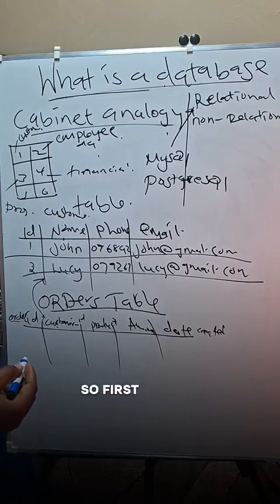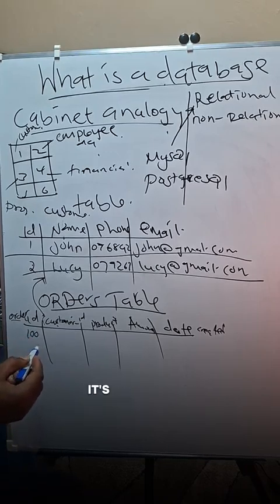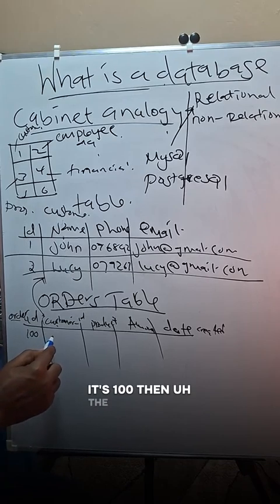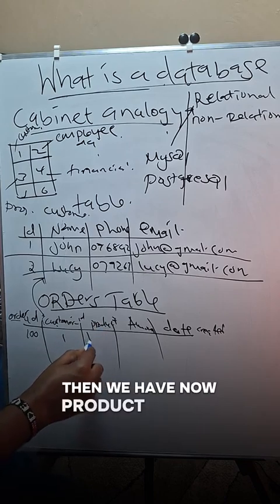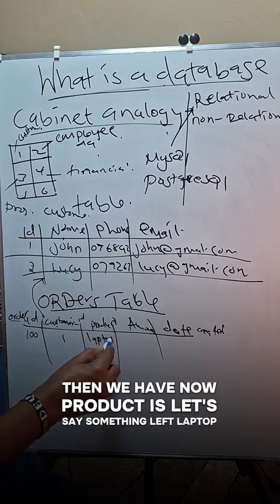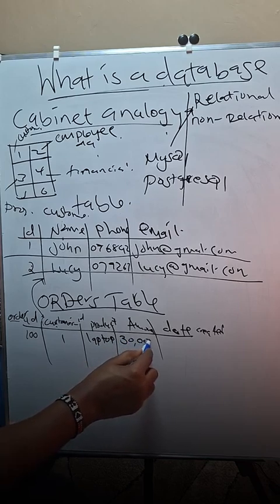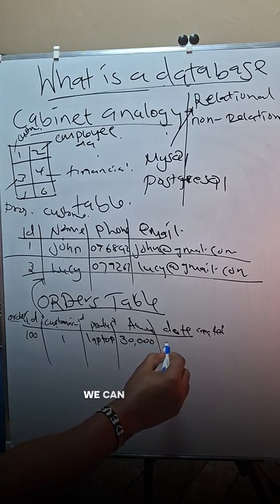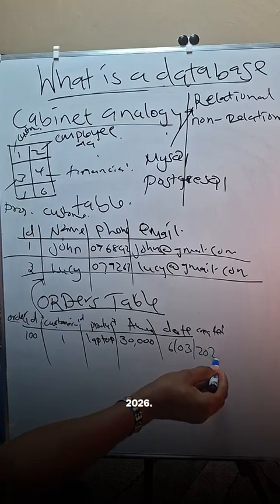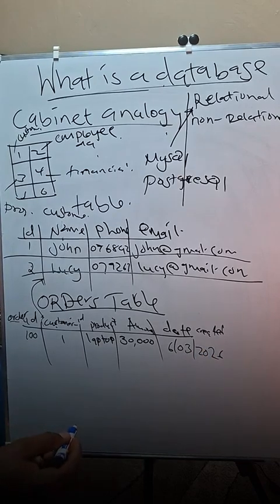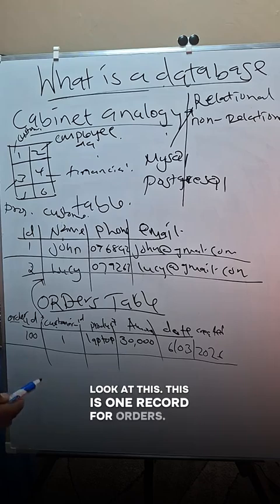In the first row, let me have the order ID as 100, the customer ID as 1, the product as a laptop, the amount as 30,000, and for the date created, I'll use today's date, 2026. Just look at this. This is one record for orders.